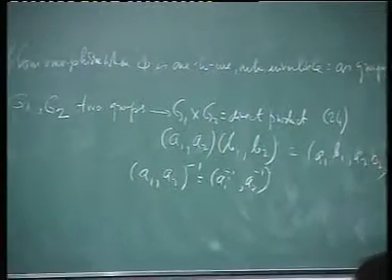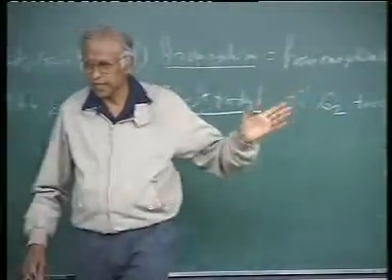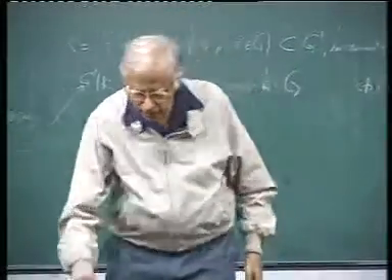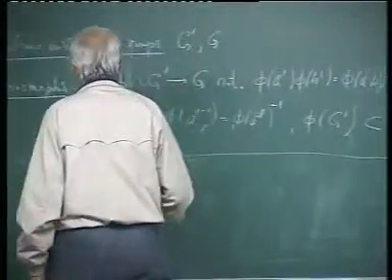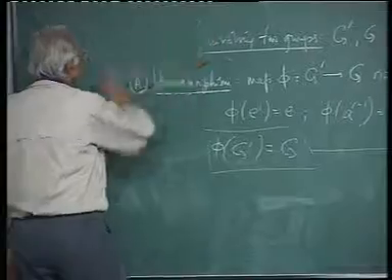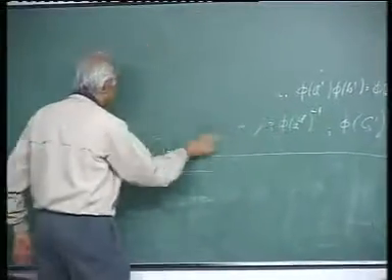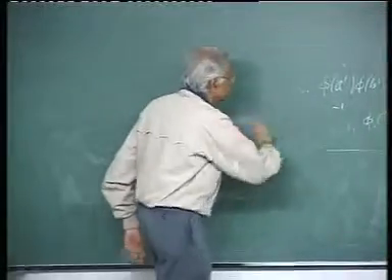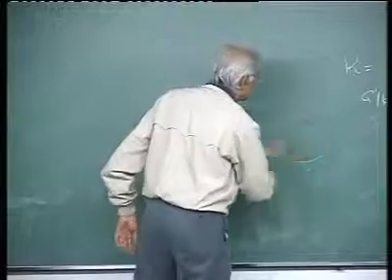This is a very simple construction. Given any number of groups, you can take their Cartesian product in this way, and you will get a product group. And what is the order of G1 cross G2? Yeah, the orders multiply. So this is extremely elementary.